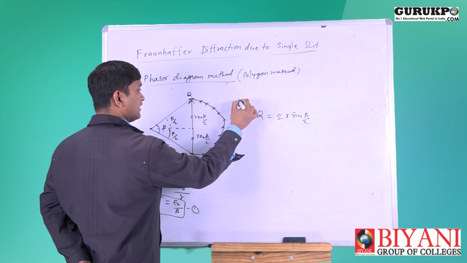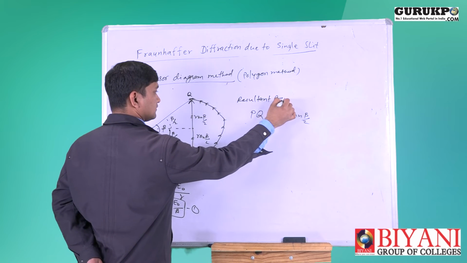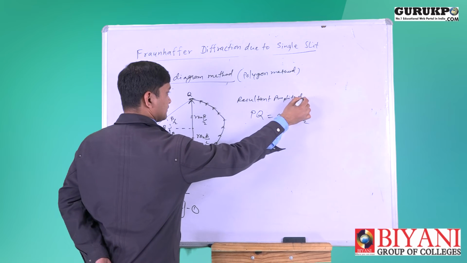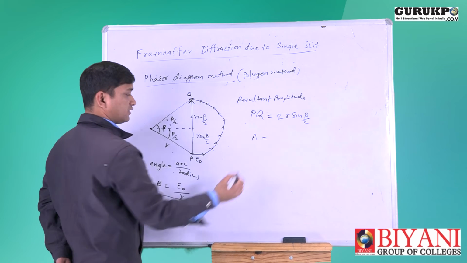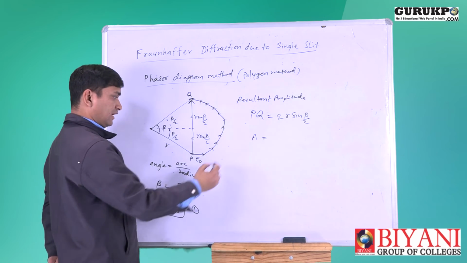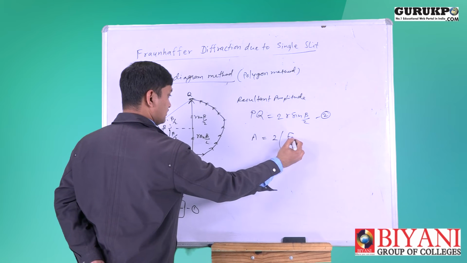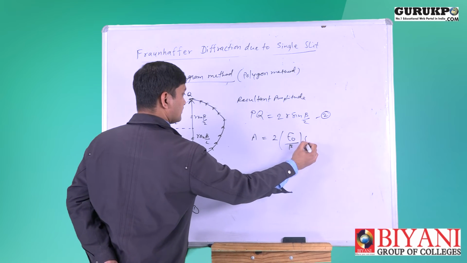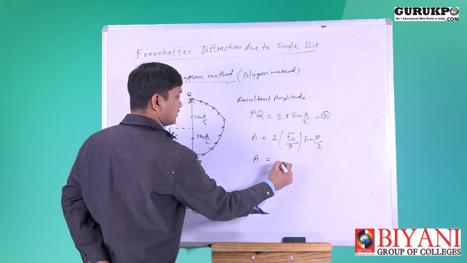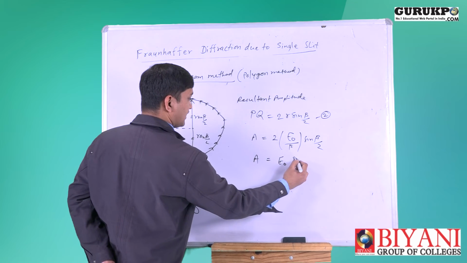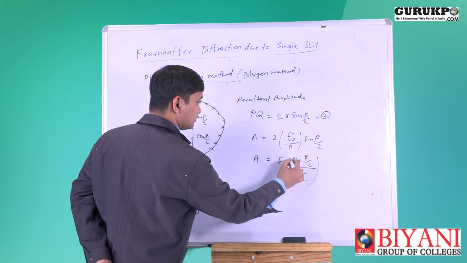This is the resultant amplitude. Denoting it by A and putting the value of r, this will be 2 E0 upon beta sin beta by 2, and we can write it as E0 sin(beta by 2) divided by (beta by 2).